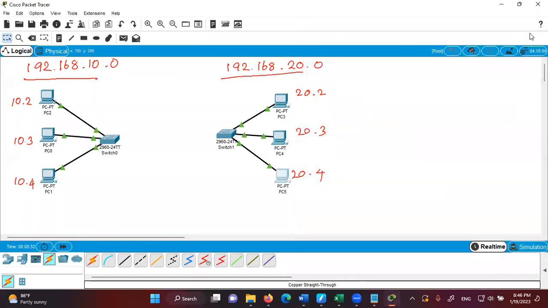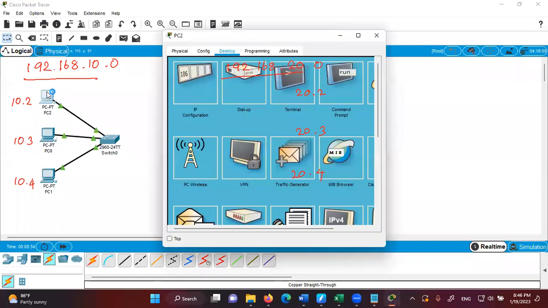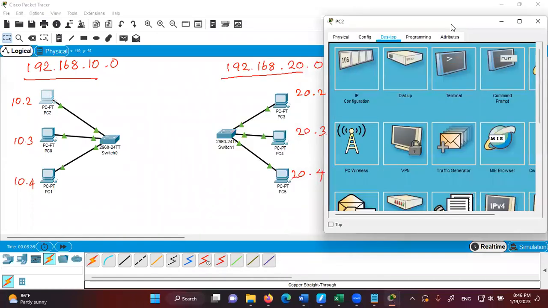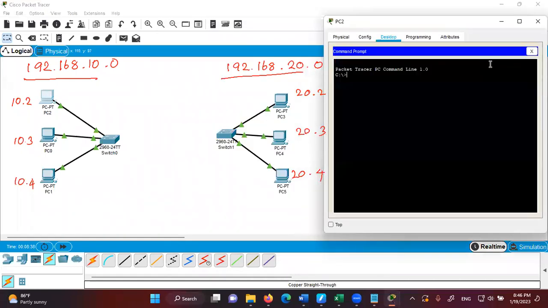Now children, we have given IP address to each computer, so you can see the commands. I think we already have discussed. You can go to command prompt and type ipconfig, right?